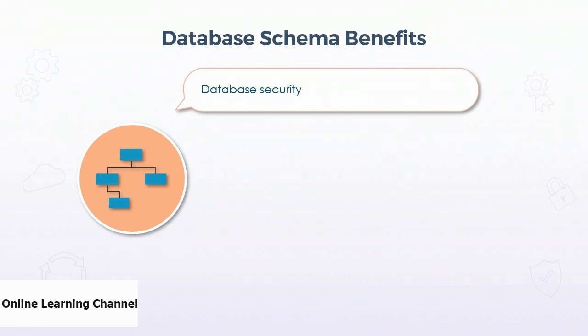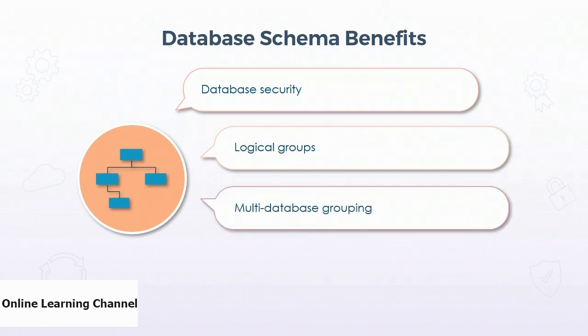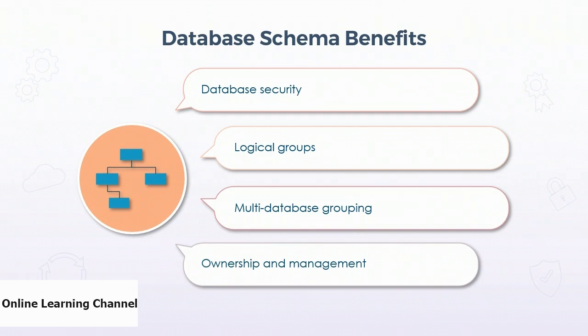Schemas permit database objects to be organized into logical groups within a database. A single schema can be used in multiple databases for logically grouping related database objects. And the ownership of schemas can be easily transferred, and database objects can be easily moved between schemas. So it makes ownership and management much simpler as well.